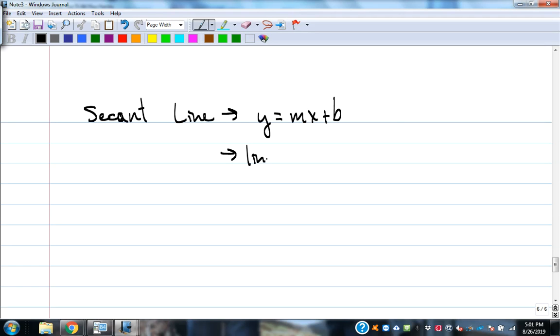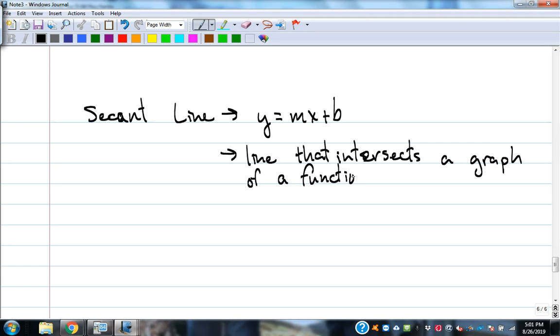This is a line that intersects a graph of a function at 2 points. That's what we're finding when we find a secant line.